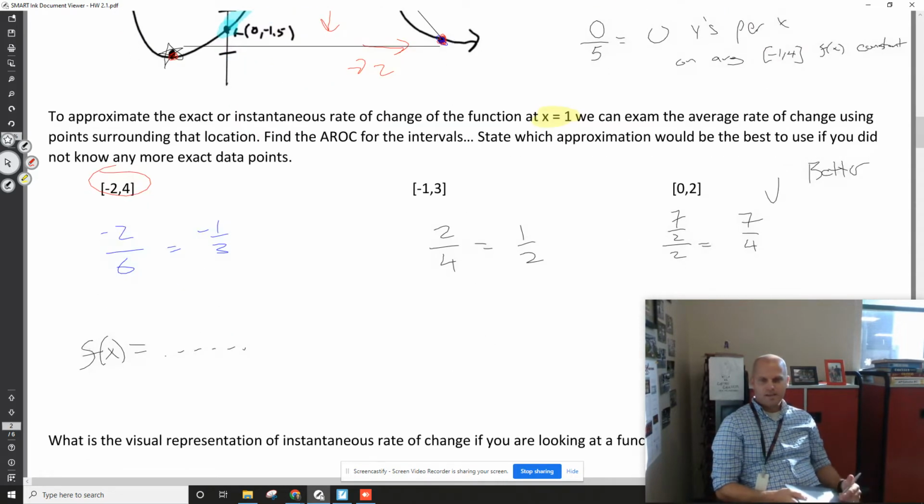And then we talked about, guys, what have we been doing all last unit? We talked about going infinitely close to locations using the 0.9s or the 0.001s.